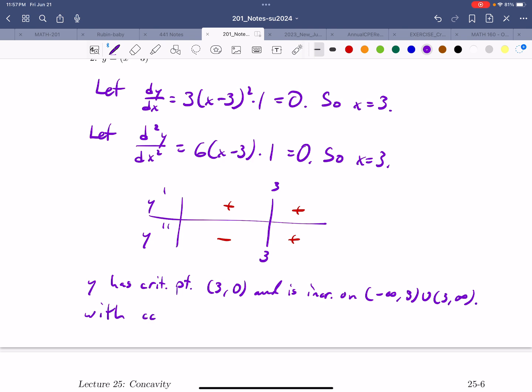Maybe I should just say y is concave down on negative infinity to 3, and concave up on 3 to infinity. And I believe there's an inflection point, right? 3 comma 0 is actually not just a critical point, but it's an inflection point.